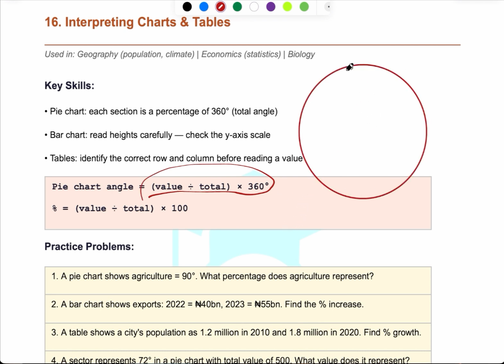If you have a pie chart of this nature, you should know that everything will add up together to 360 degrees.